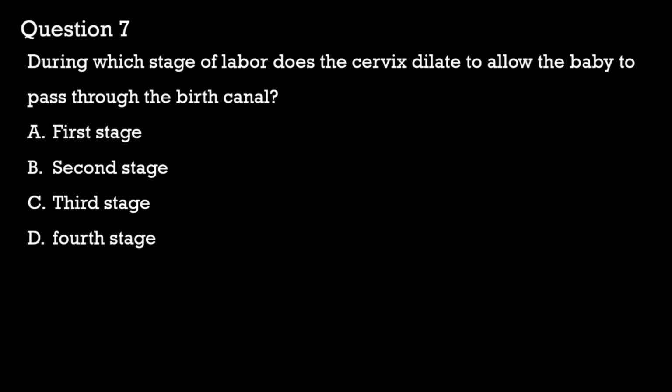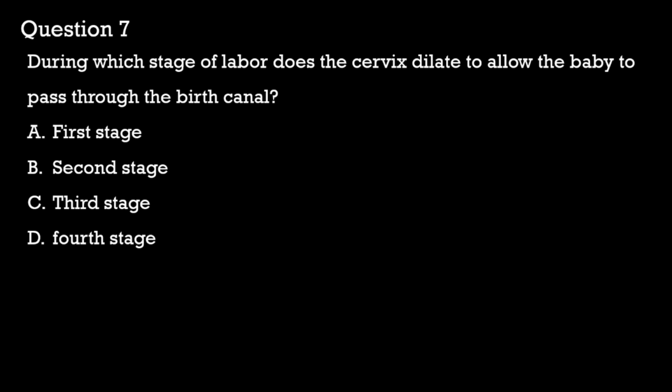During this stage, the cervix gradually dilates from 0 to about 10 centimeters, and the contractions become stronger, longer, and more frequent in order to help the baby move down the birth canal. The second stage is usually the pushing stage where the baby moves through the birth canal and is delivered, while the third stage is the delivery of the placenta, while the fourth stage is immediate postpartum recovery.